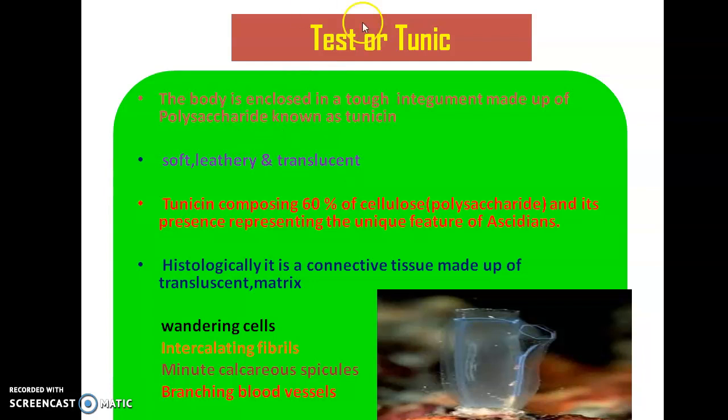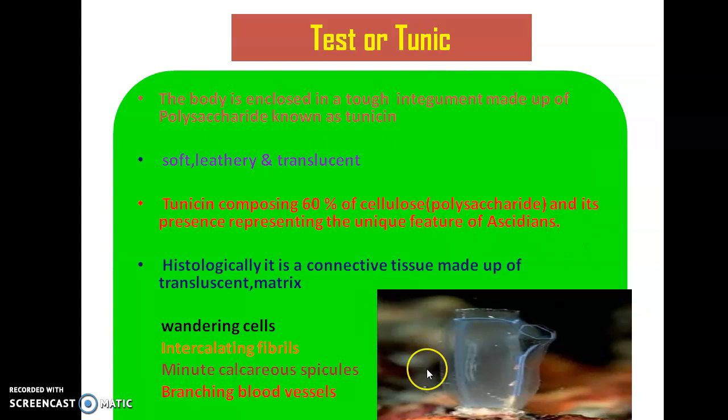This is known as the test or tunic. It is made up of a polysaccharide. It is a soft, leathery, translucent structure, composed of around 60% cellulose. Cellulose is a polysaccharide, and possessing this test or tunic is the peculiar feature of all ascidians.